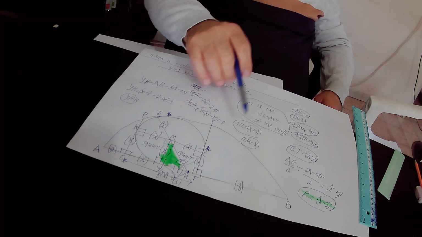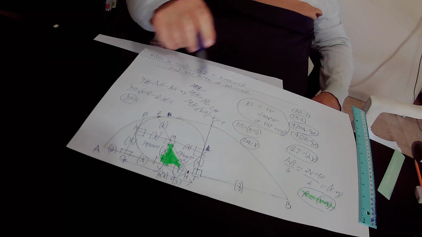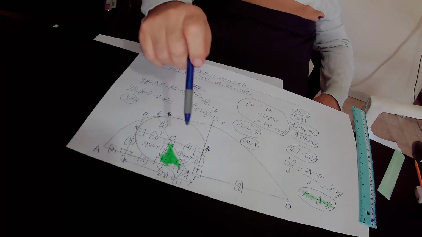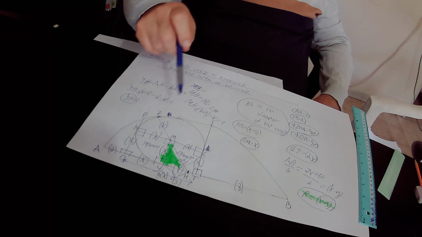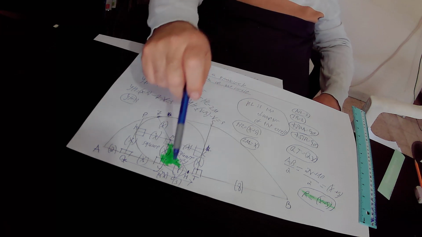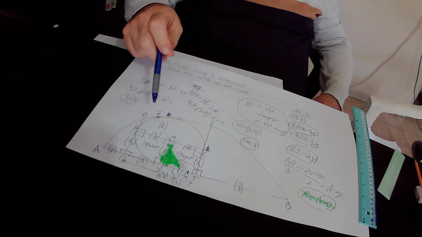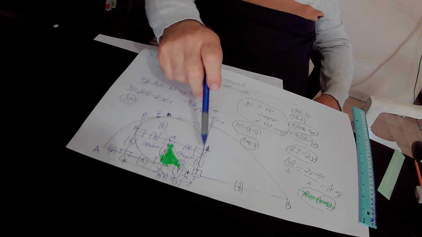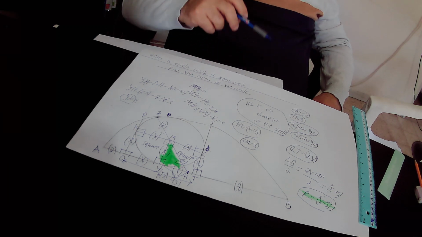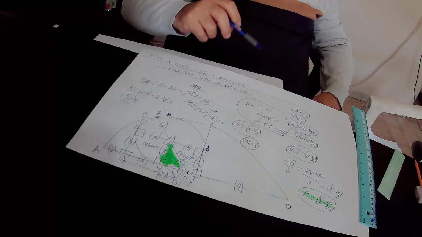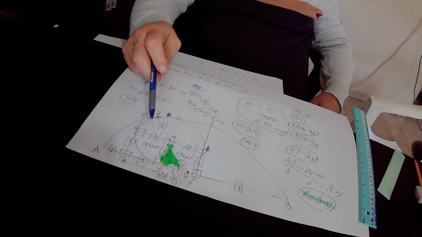Again, KL is a straight line, and therefore shape KLTQ is a quadrilateral because it has 4 sides, 1, 2, 3, 4. Inside this quadrilateral we have 1, 2, 3, 4 right angles, and therefore we relate to this quadrilateral as a rectangle.